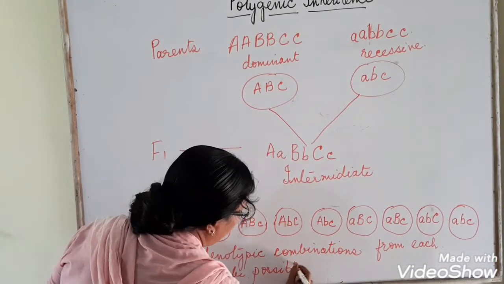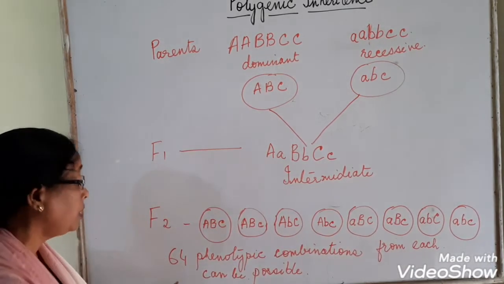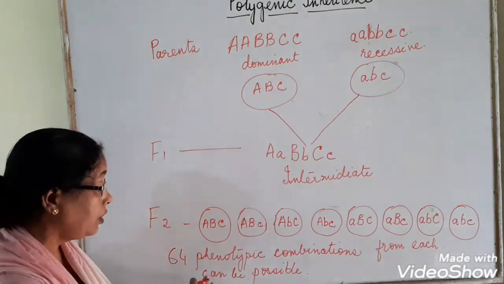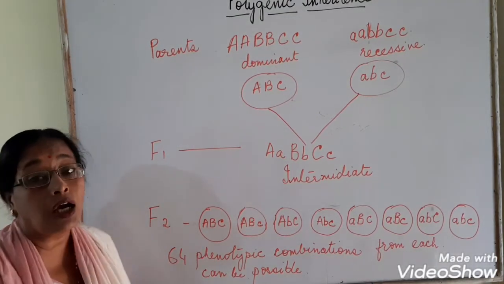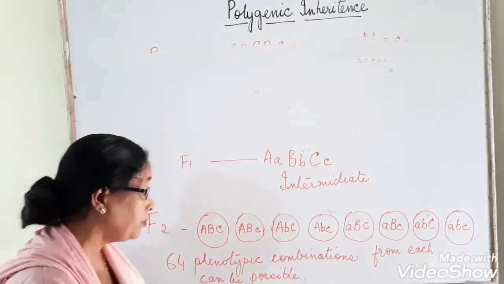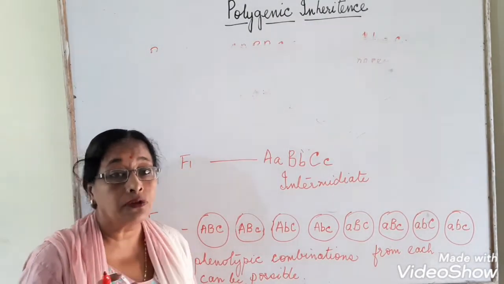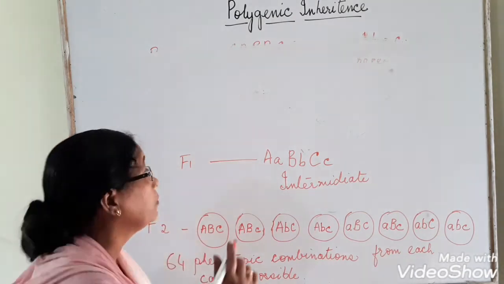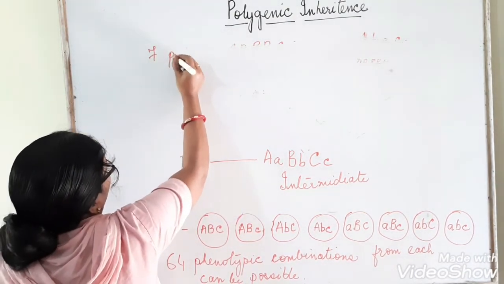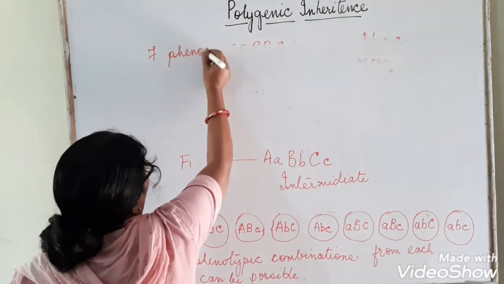So we can get 64 different types of phenotypic combinations when individuals with these gametes are mated. Now these 64 combinations are shown in 7 phenotypic ratios.